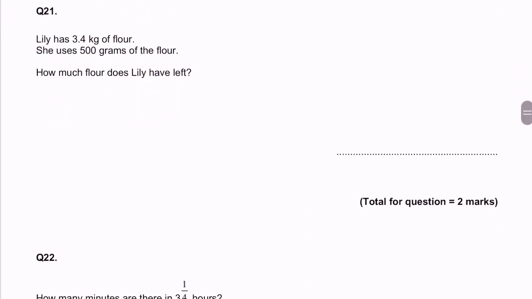Lily has 3.4 kilograms of flour. She uses 500 grams of the flour. How much flour does Lily have left? Okay, so best way to do this question is change 3.4 kilograms maybe into grams. So that gives us 3.4 times by 1,000. It's 3,400 grams.